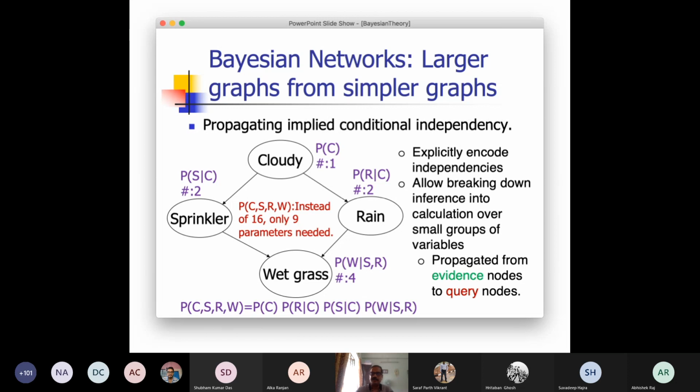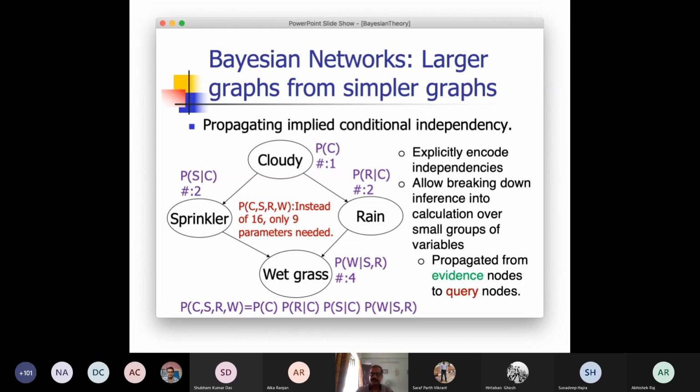Usually the problems we provide are like the causal inference example. If it rains, then the grass is wet, so what is the probability of rain? The grass being wet is an evidence node, right? And your query node is rain.